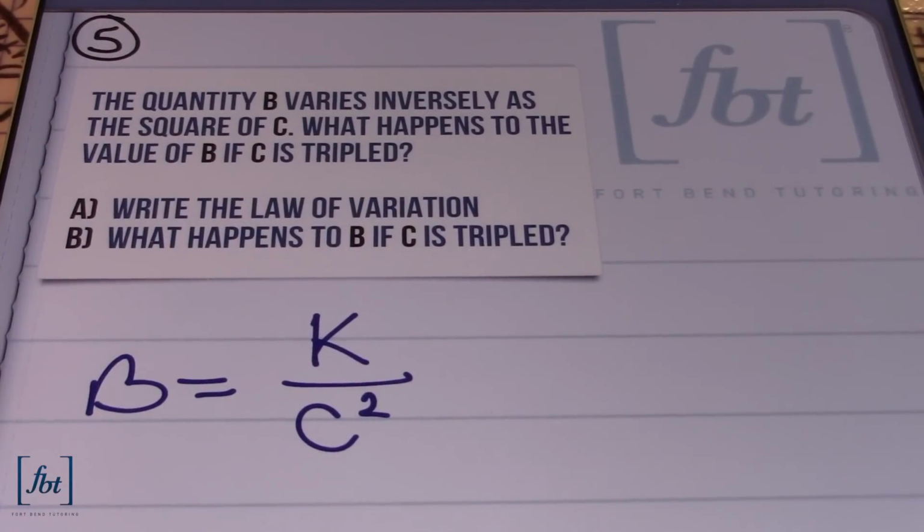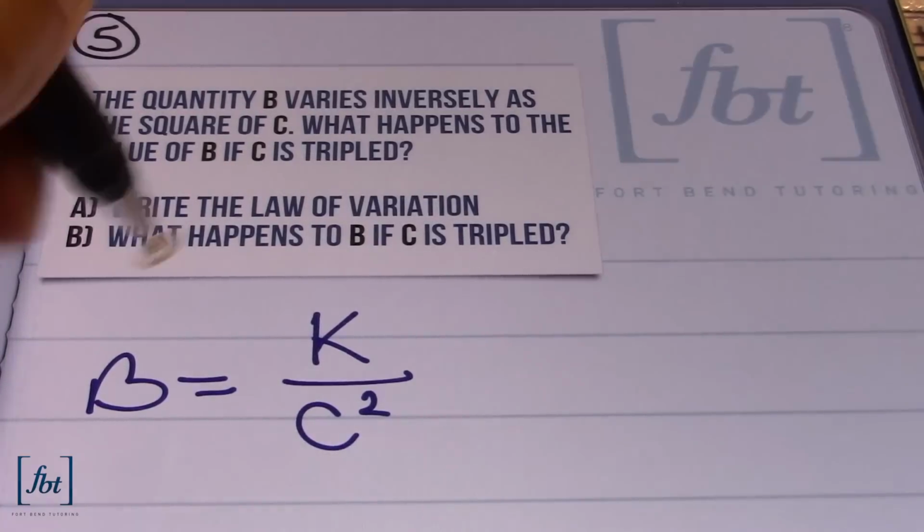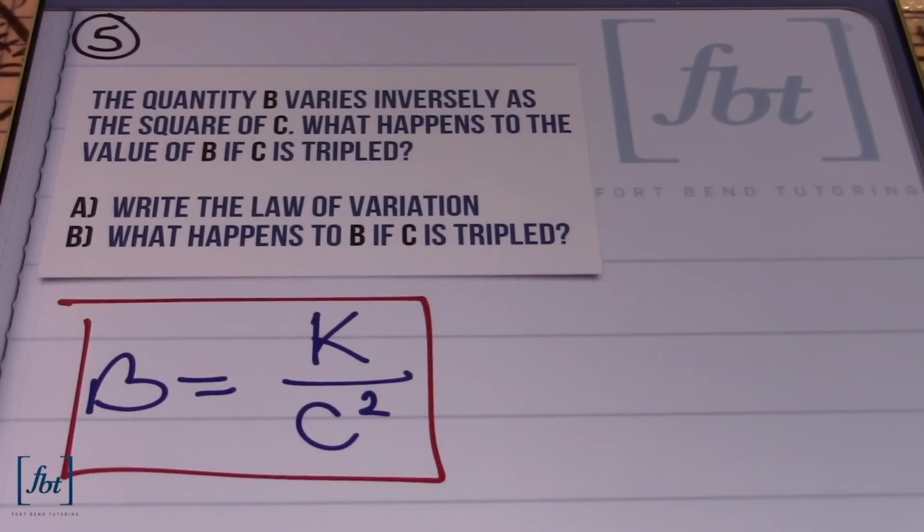This is our law of variation, and it will do as our variation equation, because they did not give us a concrete example so that we could solve for our constant of variation. This is the answer for part A in a red box.